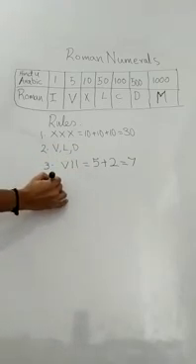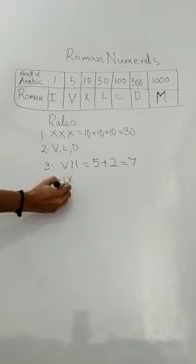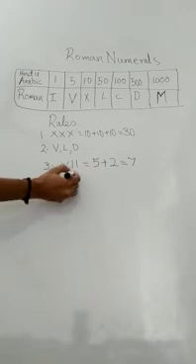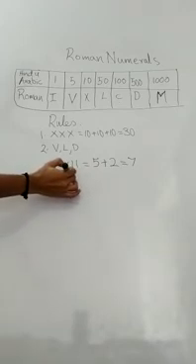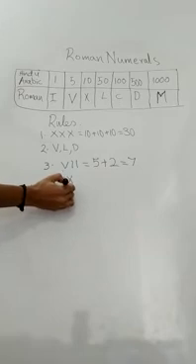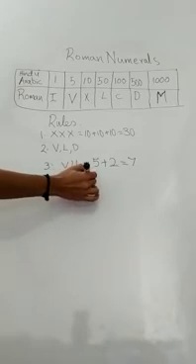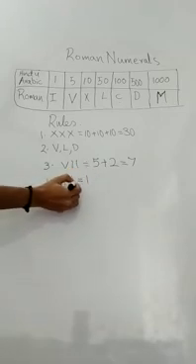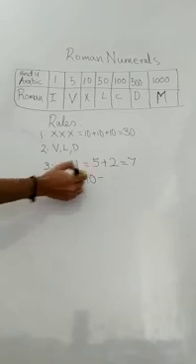Now just the mere opposite. If I write like this, this is 10 and I have written 1, which is smaller. Here this is smaller and this is bigger. Same way, the smaller one I have written on the left side. What does it mean? It is the difference. This is Roman numeral 10 and this is 1.